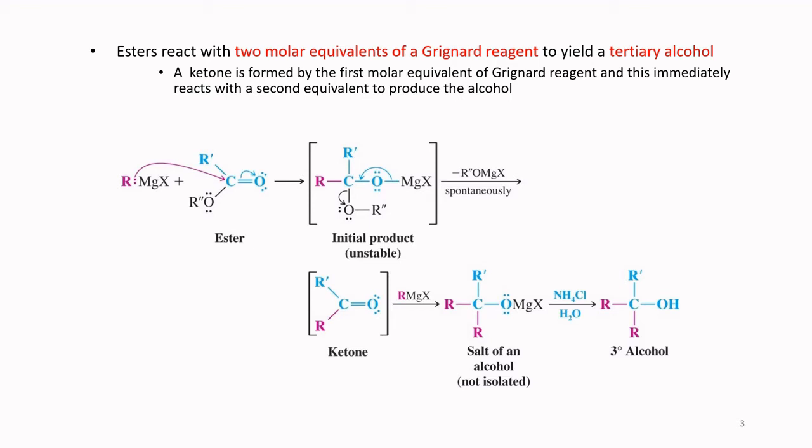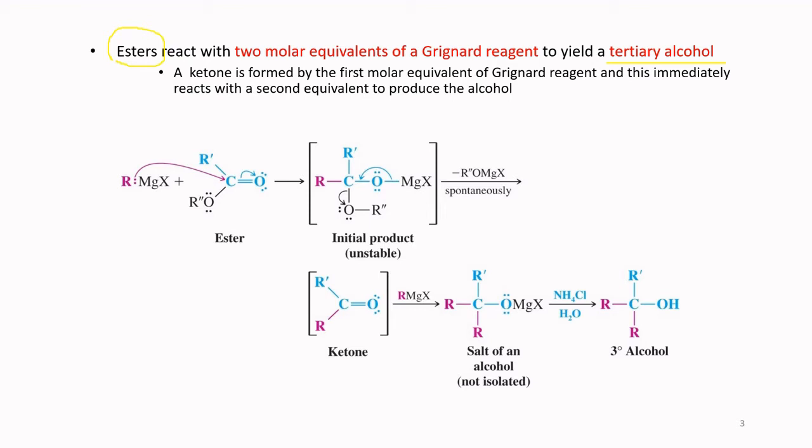Other than formaldehyde, aldehyde, and ketone, we can also use esters to react with the Grignard reagent, which gives you a tertiary alcohol as well.